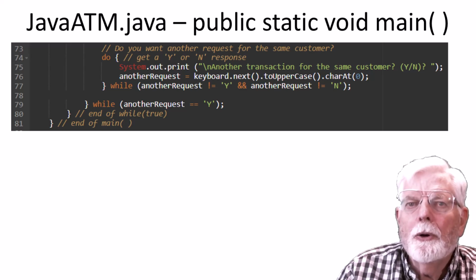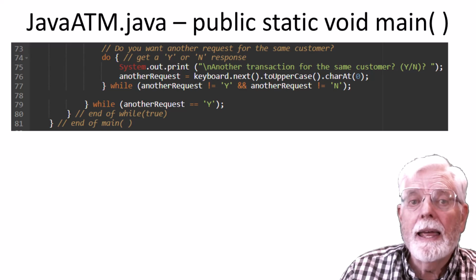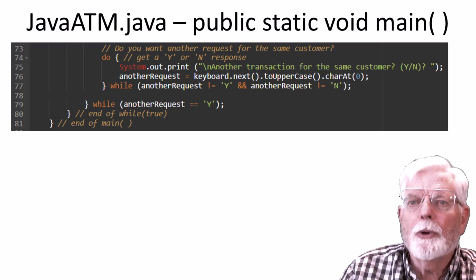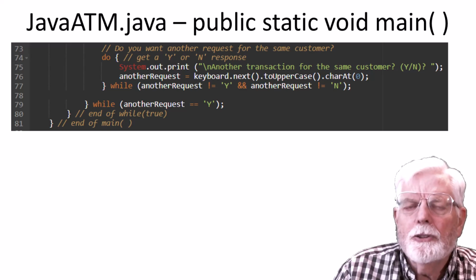Inside the do while loop, the user is prompted with the message, "Another transaction for the same customer? Y/N". The do while loop keeps repeating until the user enters a Y or an N, or at least something that starts with Y or N, since we're only looking at the first character using charAt(0).